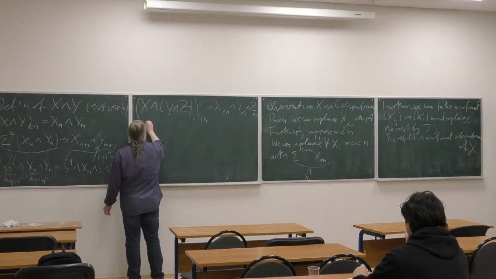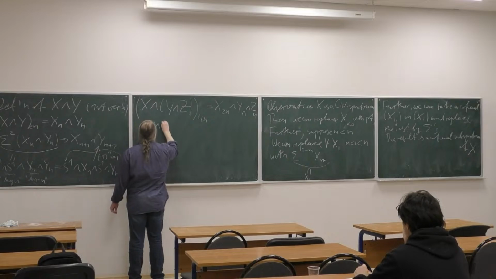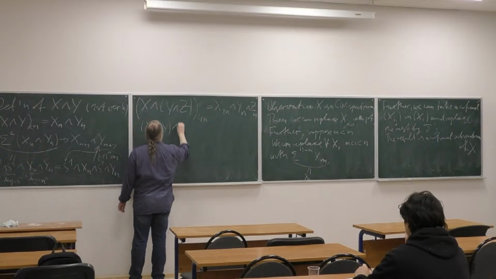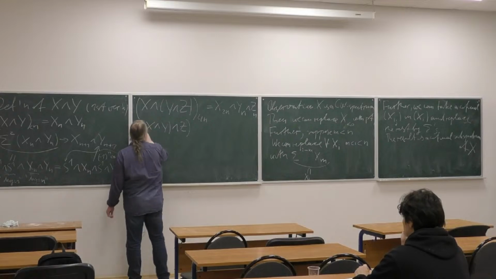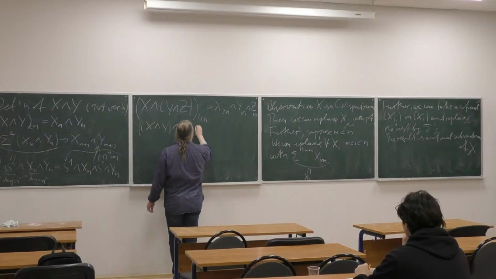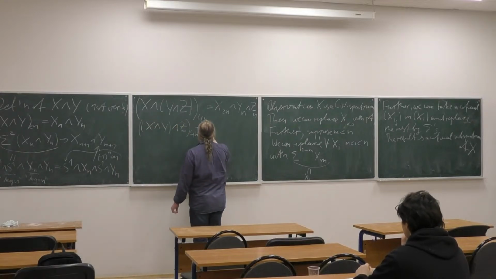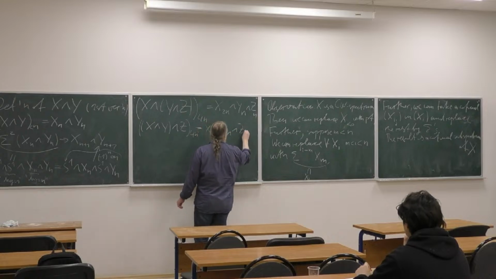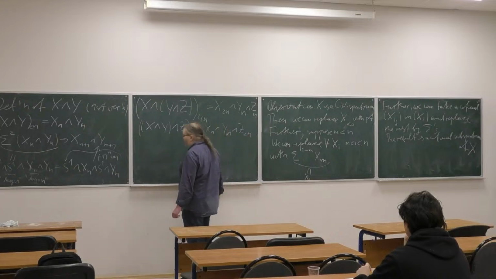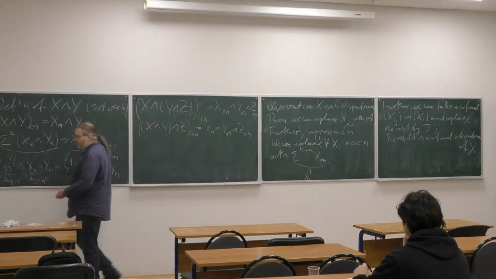And if I do it the other way around, I get 2n on the right, not on the left.